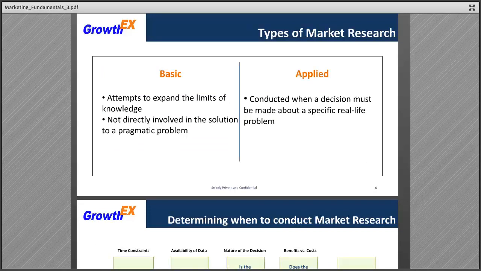Now there are multiple types of market research which you can do. Broadly, irrespective of the kind of market research you are doing, I can classify them into two categories. One is basic market research, one is applied market research.